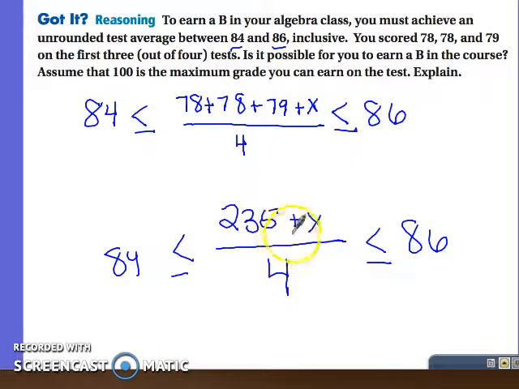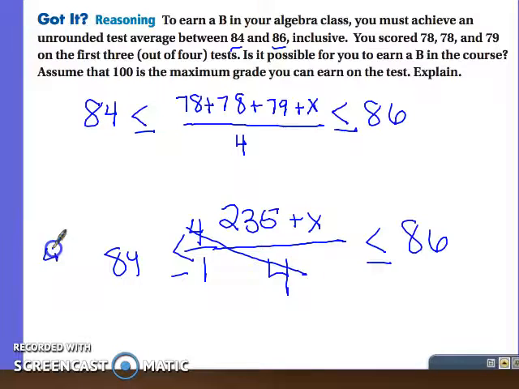Remember, order of operations tells me that normally I would do 235 plus the x and then divide by the 4. So now to undo that, I have to get rid of the whole thing being divided by 4. So I'm going to multiply this whole thing by 4, and that will get rid of my 4 on the bottom.